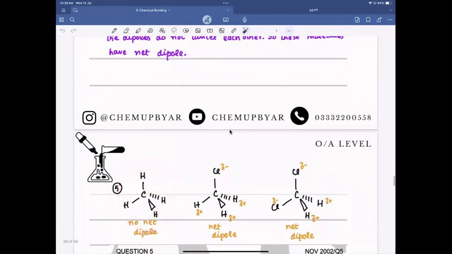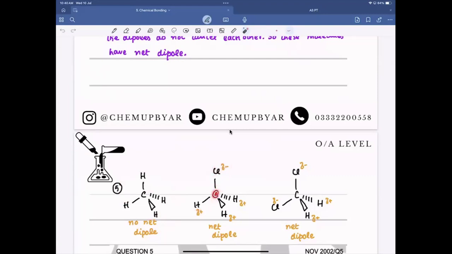But if I replace one hydrogen with chlorine, this becomes negative with respect to the carbon, and this carbon becomes partial positive with respect to this chlorine. But this carbon is also partial negative with respect to this hydrogen. Are you getting this point? So an element could be partial negative and positive at the same time, but with respect to the other atom to which it is bonded.